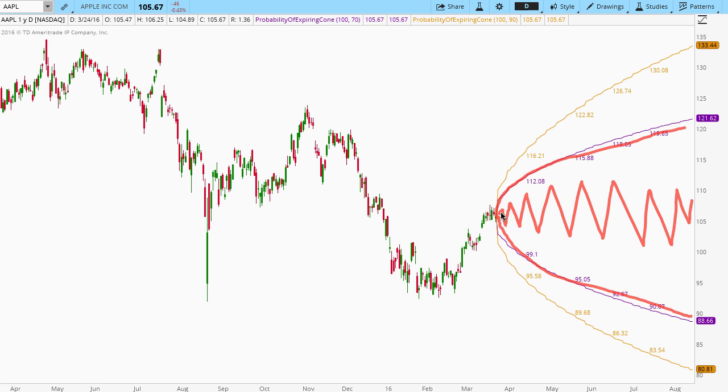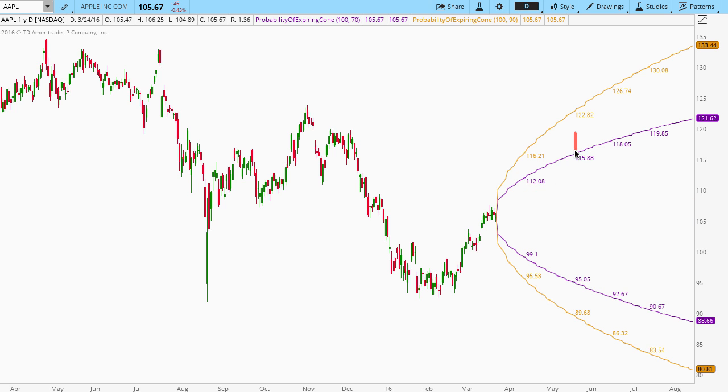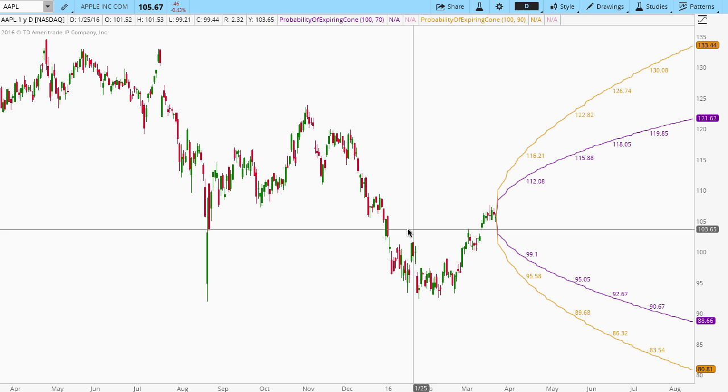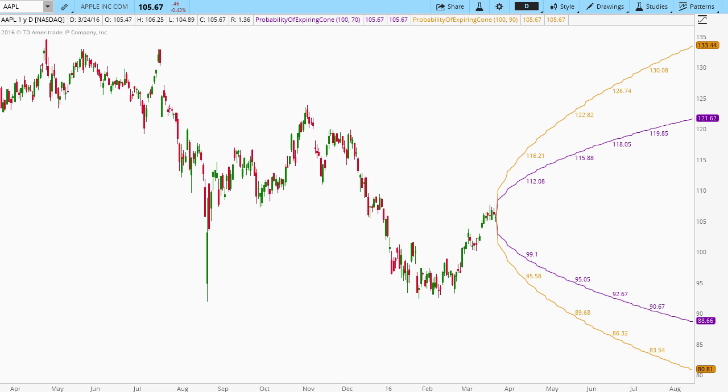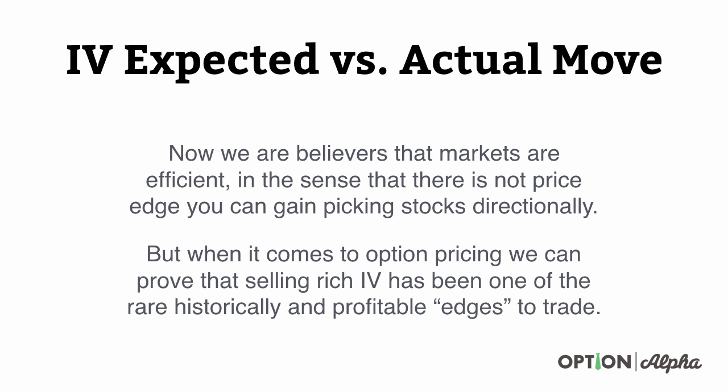So it only had a range that was much smaller than the market expected. Meaning if the market expects Apple to move, let's say 10% higher or 10% lower, it may only move 8% higher or 8% lower when that timeline actually plays out, when the prices actually start to develop inside of this expiration cone or this probability cone. So really important concept.